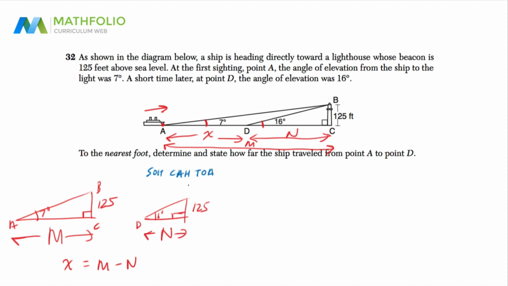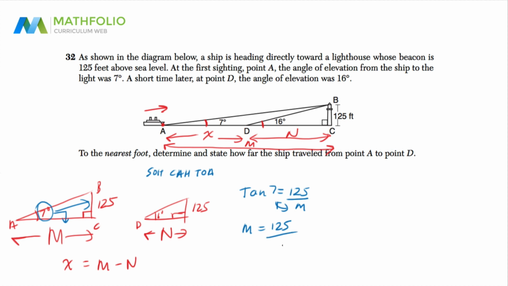So in the case of M, we've got an angle of 7 degrees, we've got the opposite, and we need the adjacent. So we've got tan 7 equals 125 all over M, which we can get M on its own by doing the little switch, which mathematically means timesing by M to both sides and dividing by tan 7.